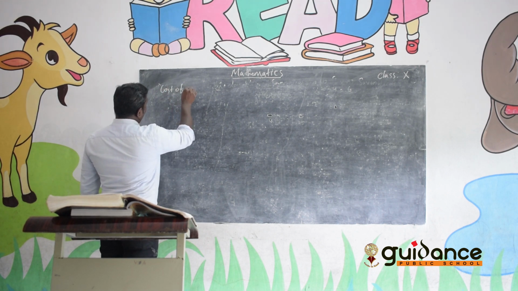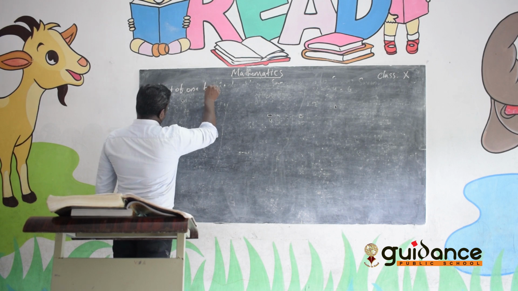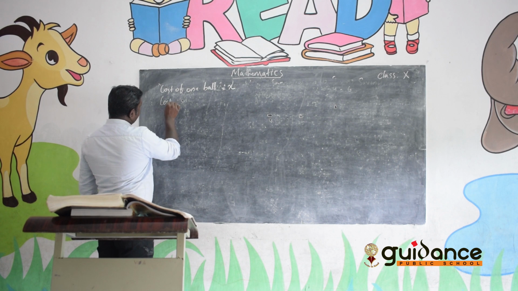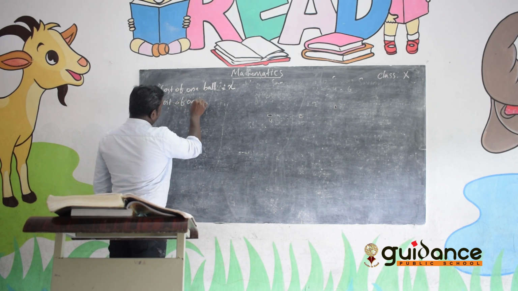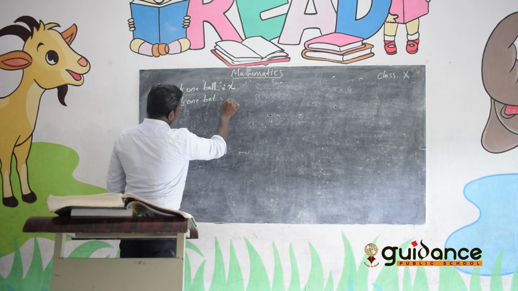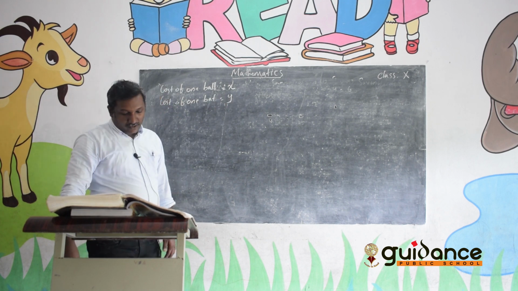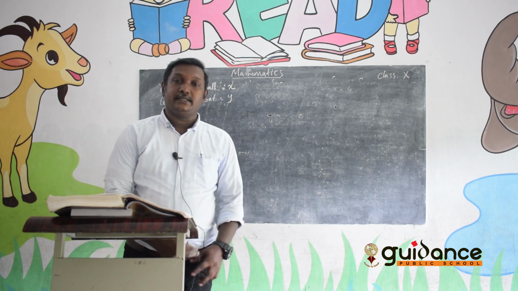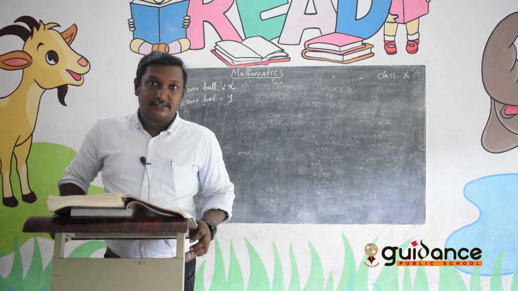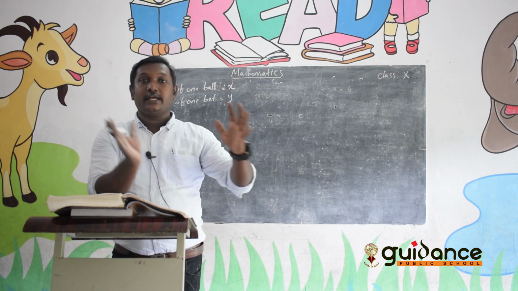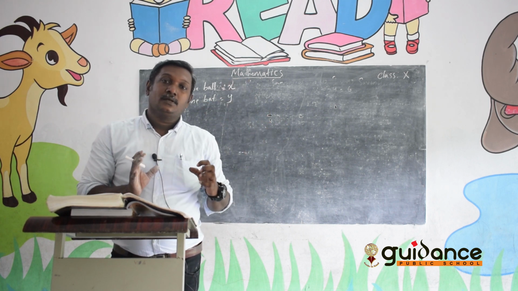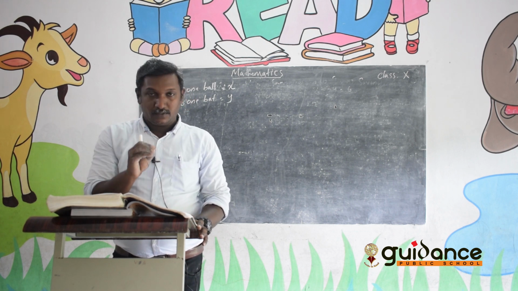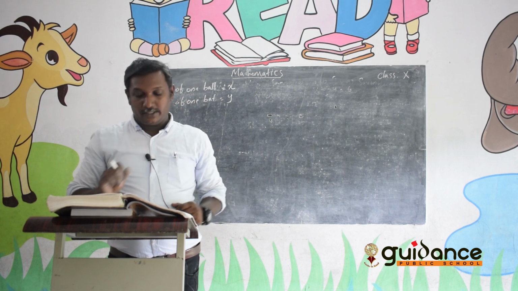Cost of one ball equal to x, cost of one bat we can refer to as y. Firstly, when I get a question, at that time we have to identify the x and y. Okay, after that we can go through the question.